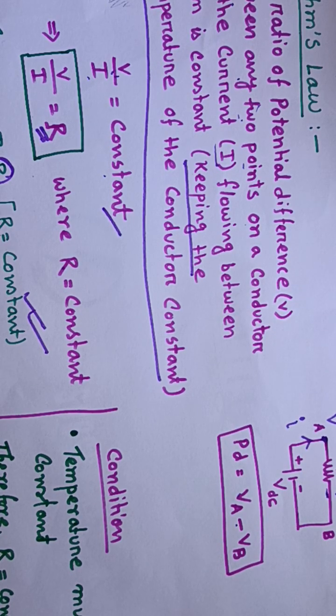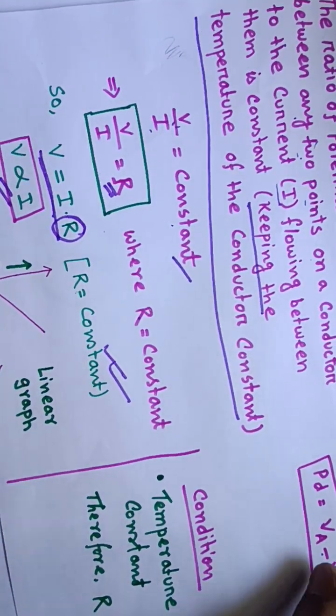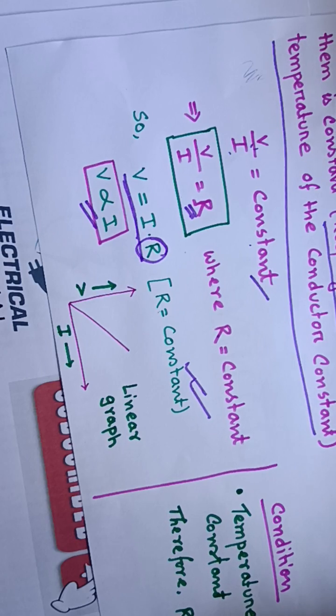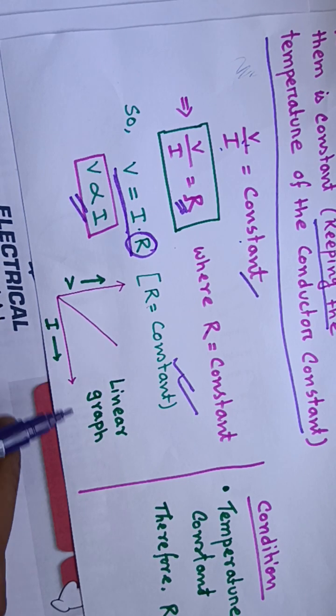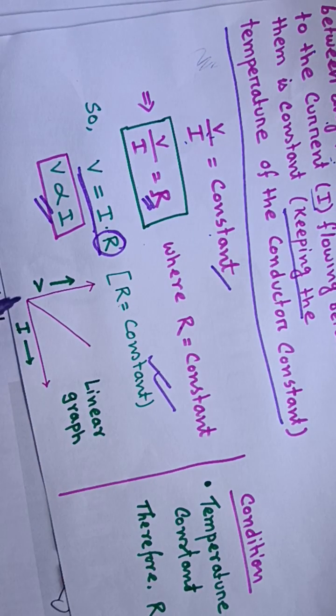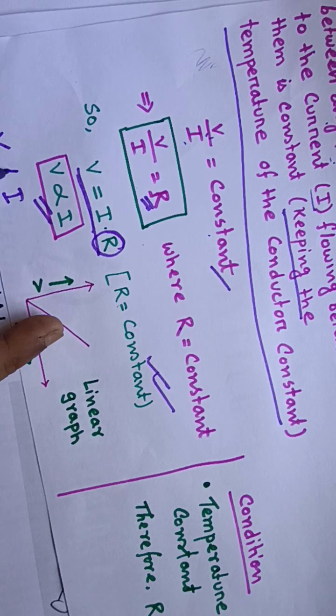Now, how we can represent the relationship in a graphical representation, right? Let's see. We consider the current across the x-axis and the component voltage across the y-axis, right? The relation between both the components is directly proportional, right?